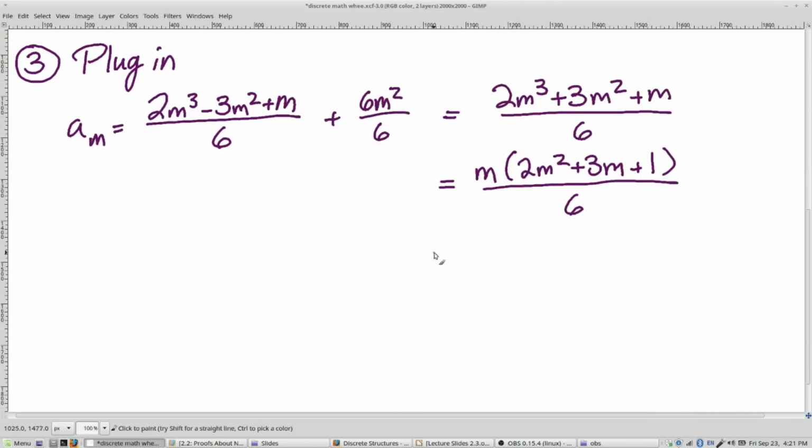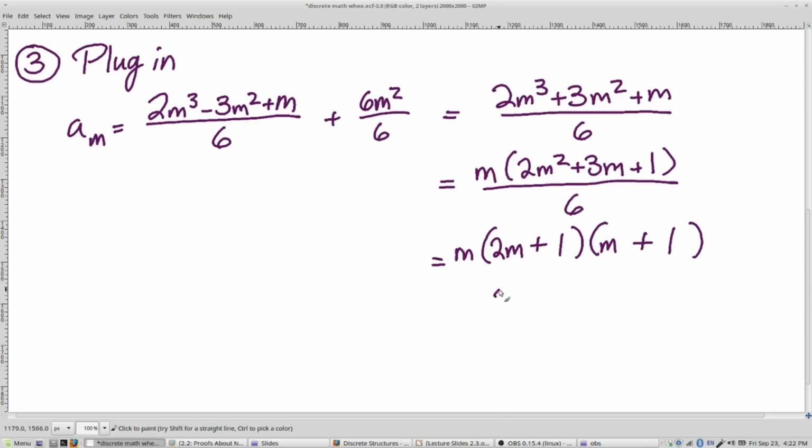And can we factor this? Well, we probably can. Let's go ahead and say m on the outside, and we'll be able to factor this into two different polynomials. So we have a 2m squared, so that means one of these will have to have the 2 and the other won't have the 2. And this factor is just 1, so we can only really fit a 1 in here.